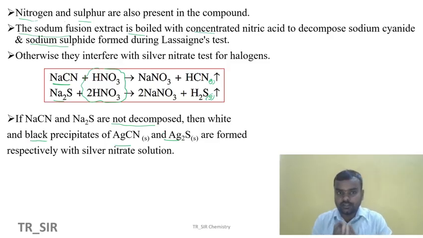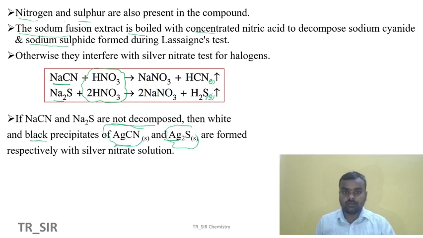So after acidifying, if they are not removed as HCN gas and H2S gas, instead of showing the yellow or white precipitate, they will form the black as well as the white precipitate. AgCN white precipitate as well as Ag2S black precipitate will form. So they interfere, and for that reason, first we have to remove them.